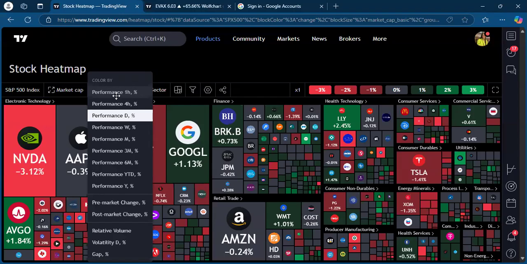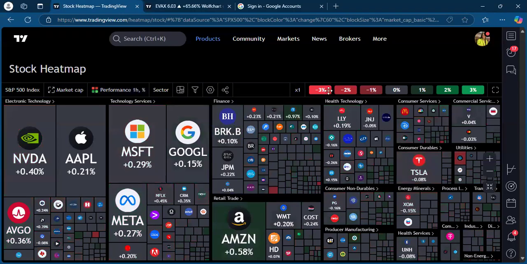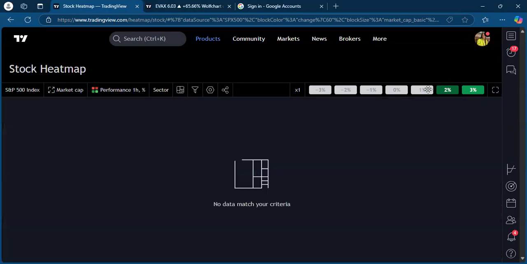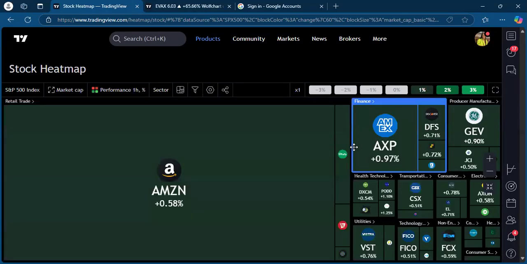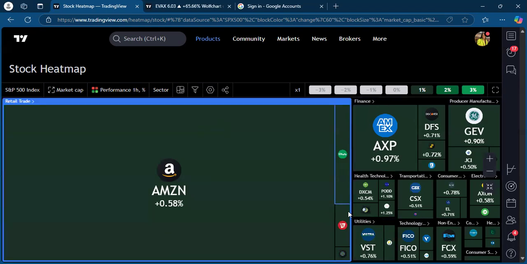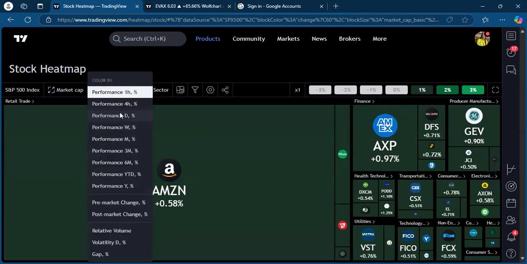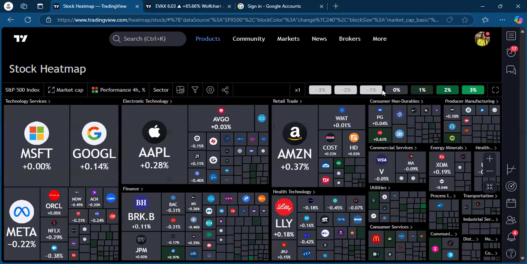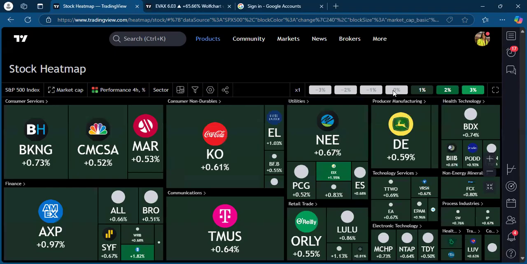You can sort it by the 1 hour time frame. You can just say, I want to look back an hour into the day that's currently happened, and I want to find stocks that are trending above 1%, or maybe 2%, maybe 3%. Looks like it was all set to one. Then these are stocks that you can catch. You can look back 4 hours, see how the first half of the day went for some stocks and who's holding strong.